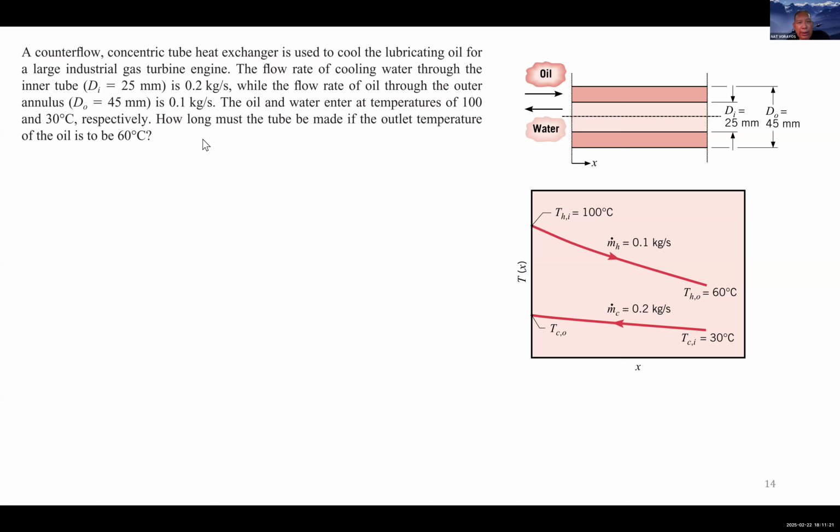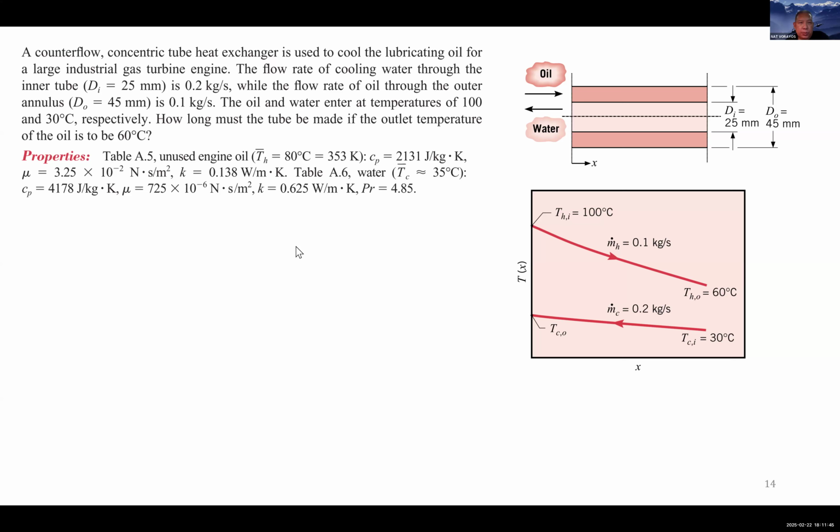And how long must the tube be made if the outlet temperature of the oil is to be 60 degrees Celsius? Okay, so this is the so-called design problem. You are asked to find the dimension of the heat exchanger.